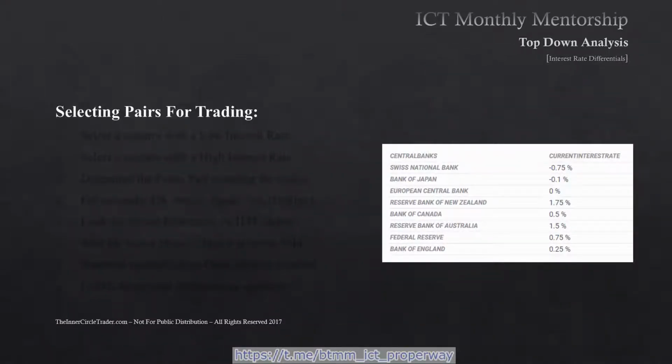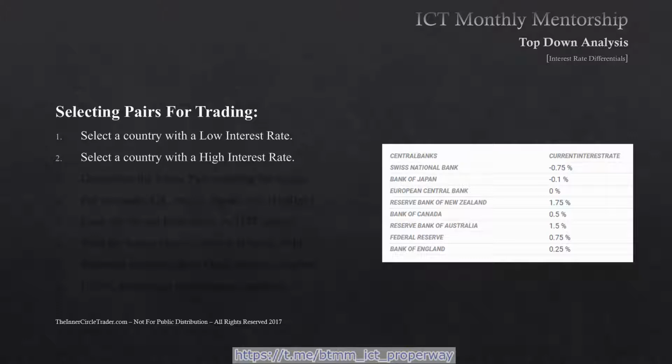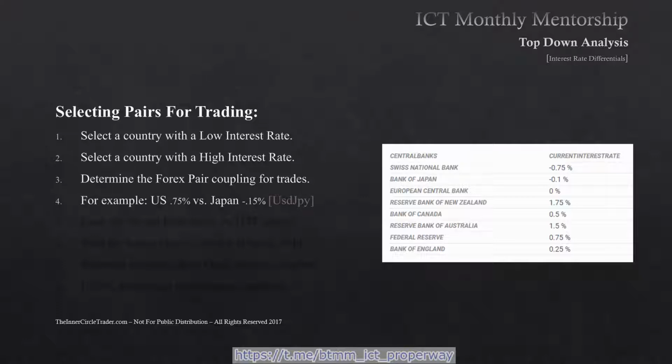Okay, we're going to do another example. We're going to select a pair with a low interest rate this time. And we're going to select a country with a high interest rate. And we're going to determine the Forex pair that couples for that trade. In this example, we're going to use a higher yielding currency, 0.75%, which again, was actually half of 1% at the time when this trade is being shown.